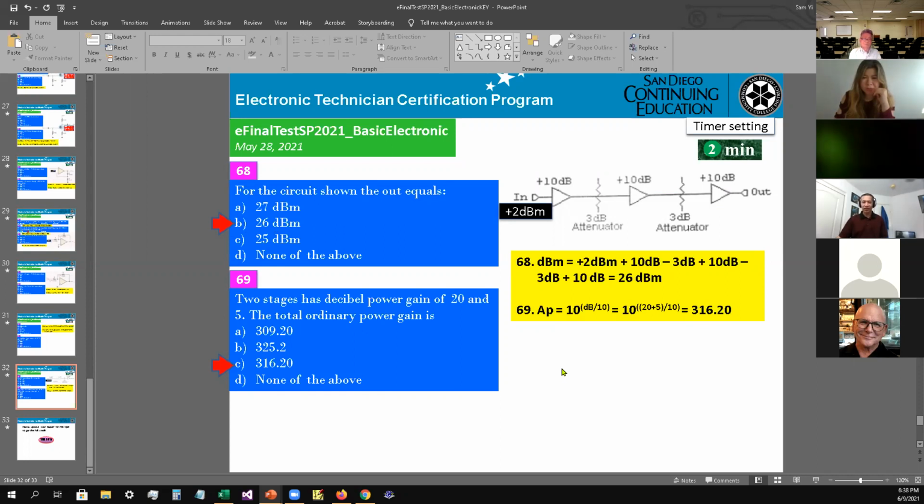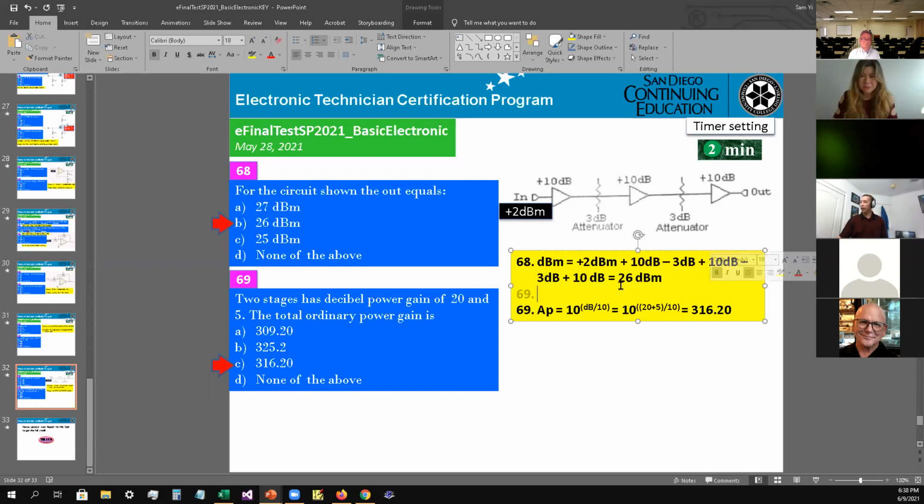Just follow this circuit. The attenuator represents something that gets reduced. So you have an amplifier, so 2 plus the 10 first, and then it gets attenuated, so drop by 3, and then you get an amplifier again, 10, then minus the 3 dB of the attenuator, and then plus the 10 of the amplifier at the end.